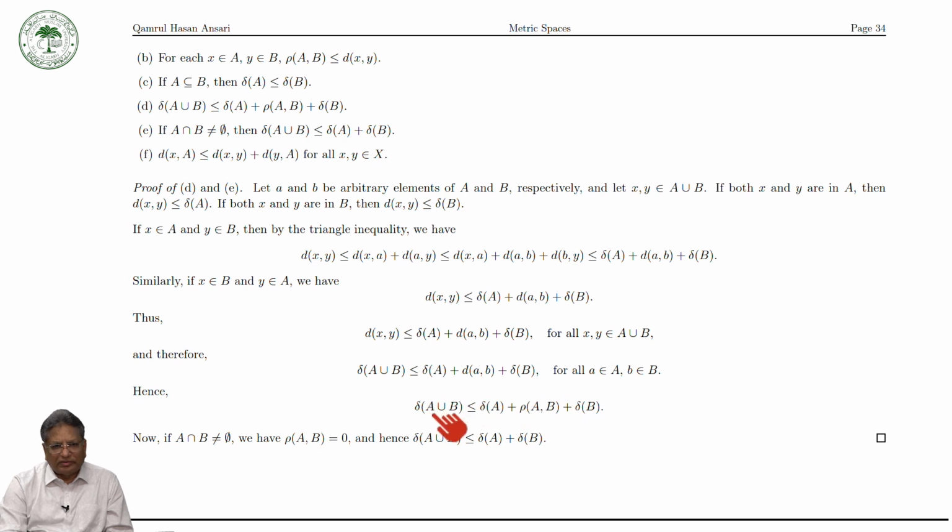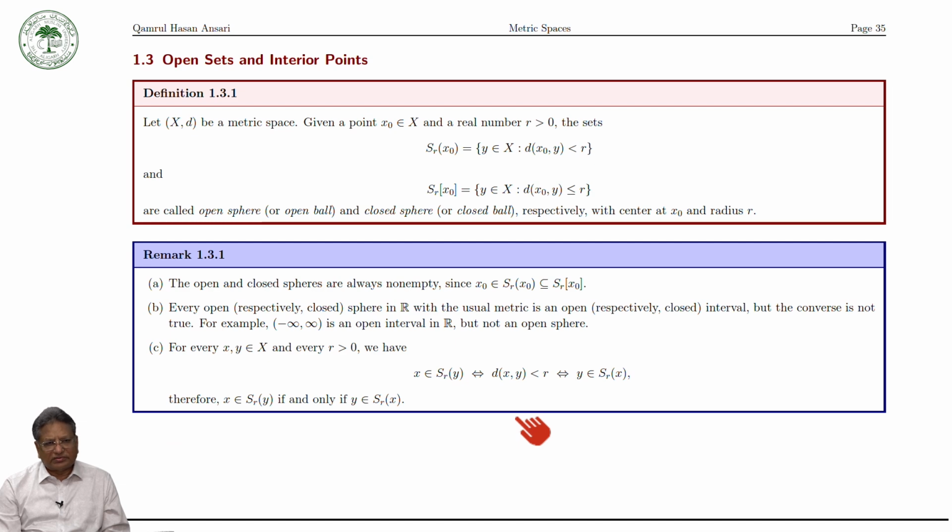So we get that the diameter of A union B is less than or equal to the diameter of A plus the diameter of B, provided that A intersection B is non-empty. So this way you can prove these exercises. Try to do all these exercises by yourself first, and if you could not succeed in getting the answer, then try to see these solutions.